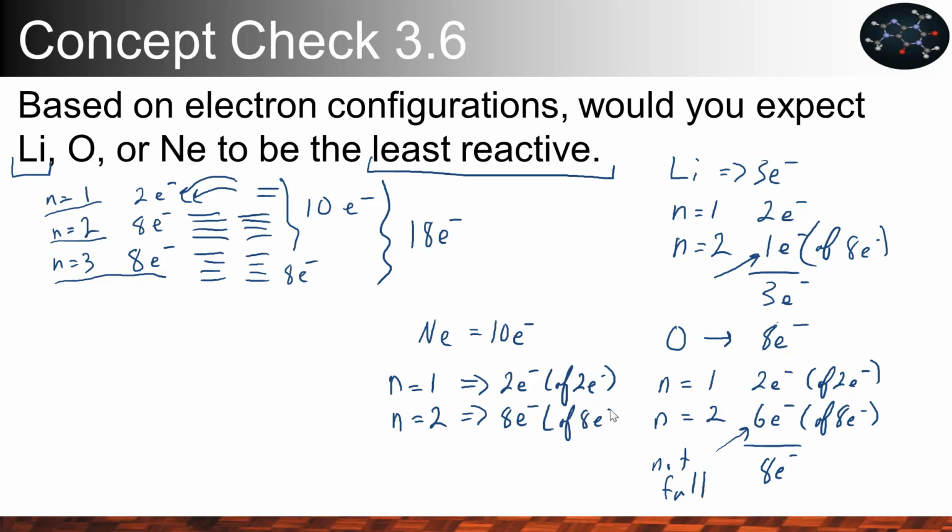That fills up all 8 there. So neon has the last farthest out orbit filled. So this is much more stable than the other two that are in this series.